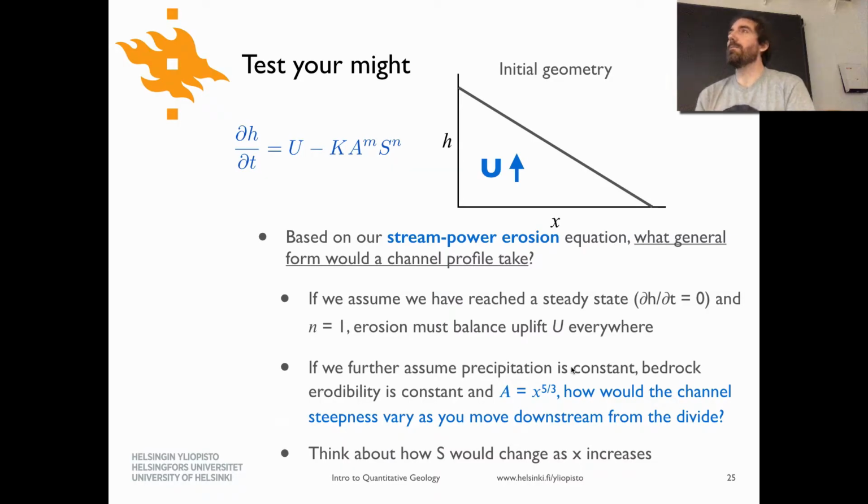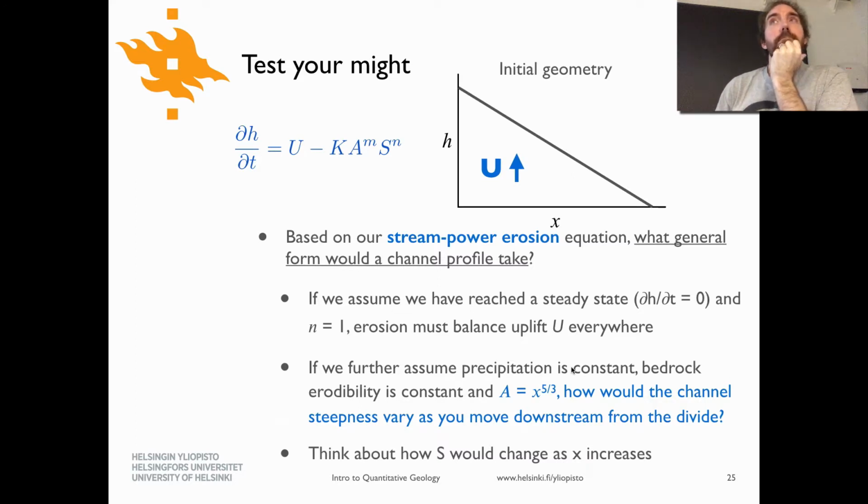So, any ideas what would this river channel profile look like? How would its steepness change as you go downstream? Would it be flat?